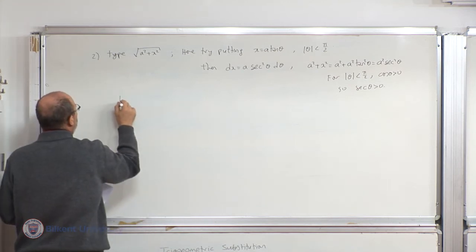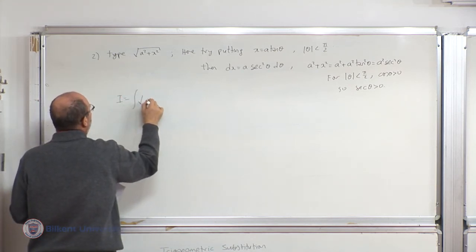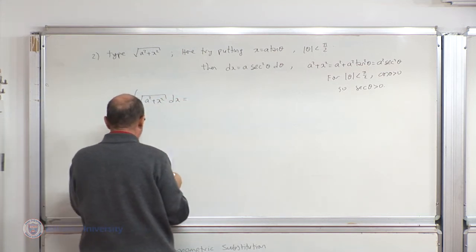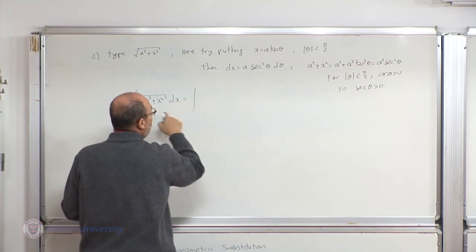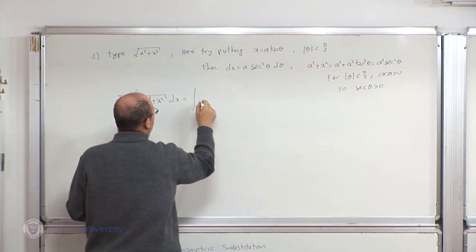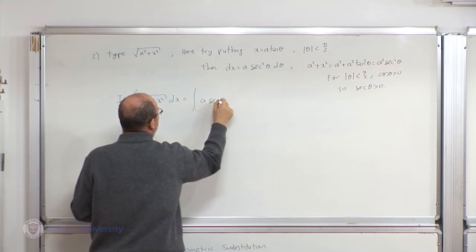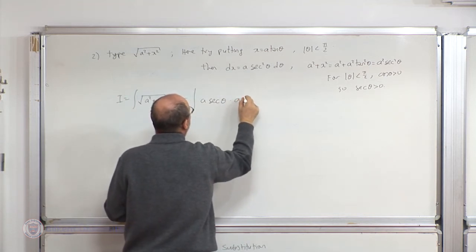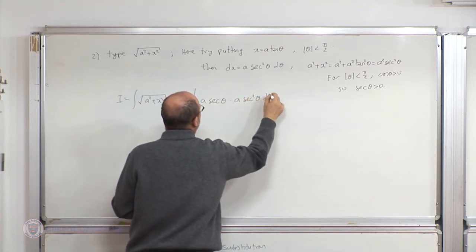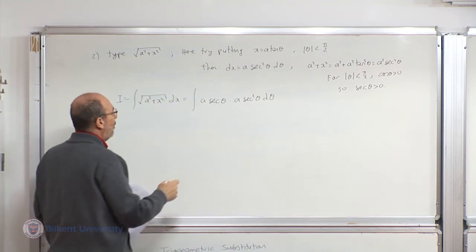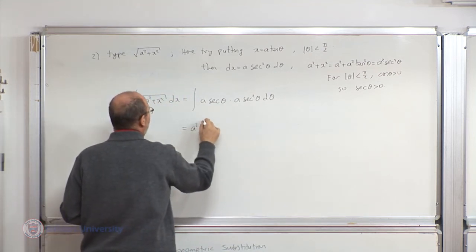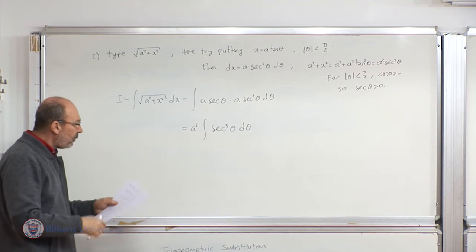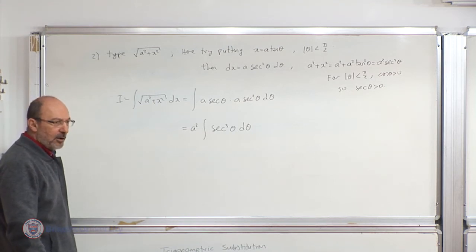Let us start with this integral of square root of a square plus x square dx. When I put these things in, the square root of a square secant square theta is a secant theta, and dx was a secant square theta d theta. So we have this famous integral, a square secant cube theta d theta. I'll show you in a minute how this is integrated.